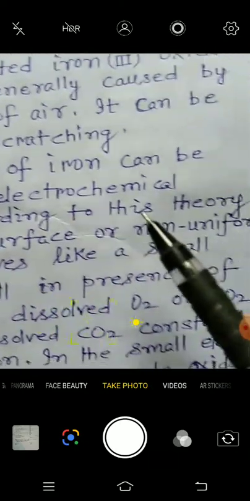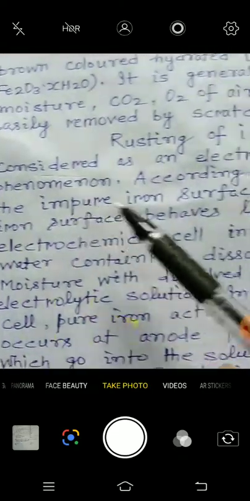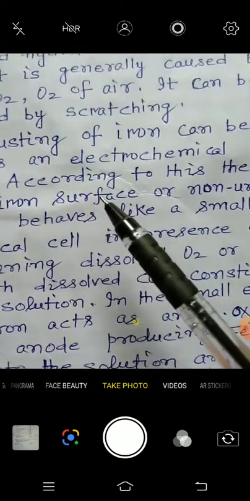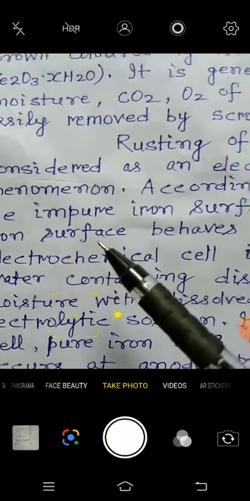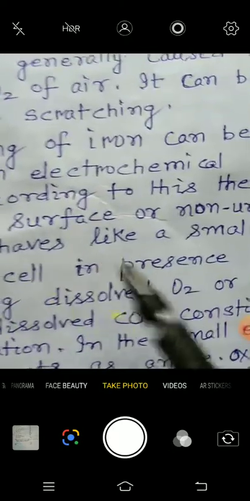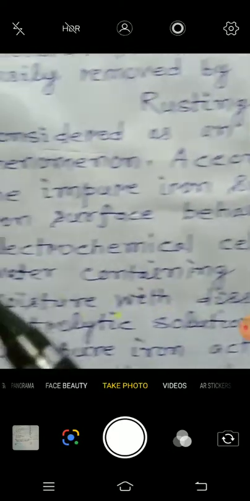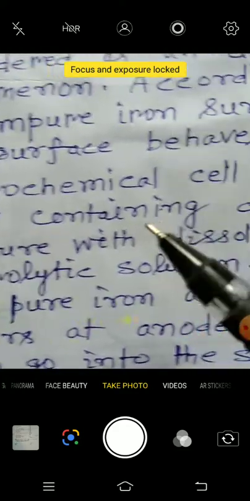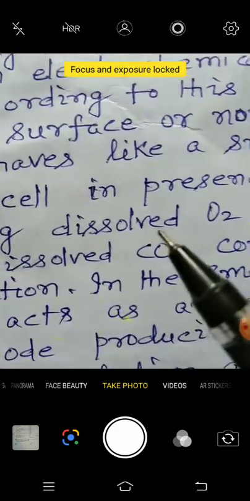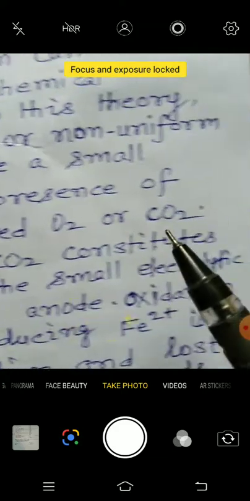According to this theory, the impure iron surface or non-uniform iron surface behaves like a small electrochemical cell in the presence of water containing dissolved O2 or CO2.